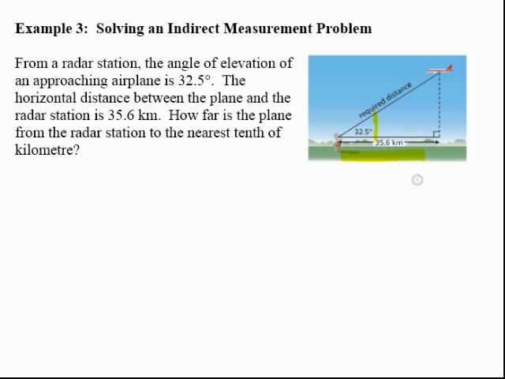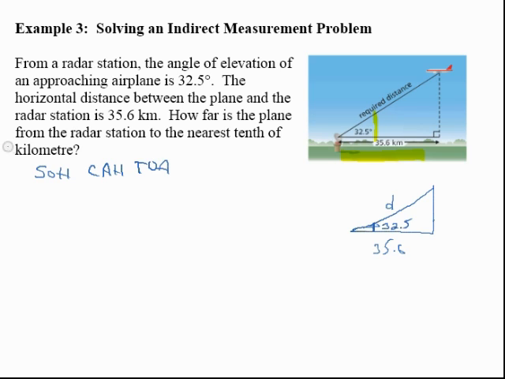Okay. I'm going to redraw the drawing so I can label it with some letters and numbers. So that's 32.5 degrees. That's this angle here. This is 35.6, and let's call this D. And we're not sure what we need to use, so let's go SOH CAH TOA.